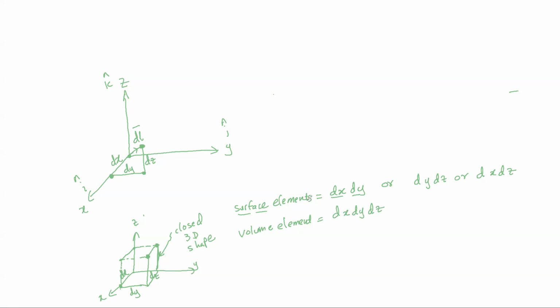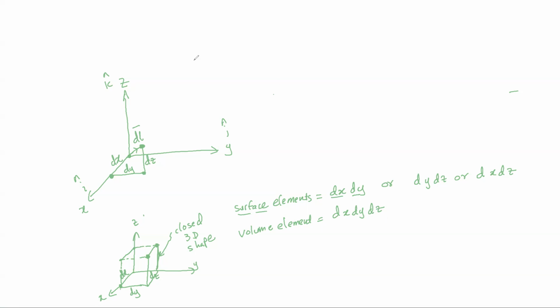The surface element is the smallest surface area that we can define for the smallest volume in the coordinate system. So there are different surface elements that we can define based on the different sides of the volume. Anyway, the volume element will be the product of all the perpendicular components of the smallest volume we are considering, which is dx, dy, and dz.